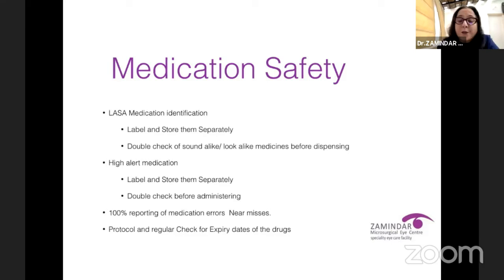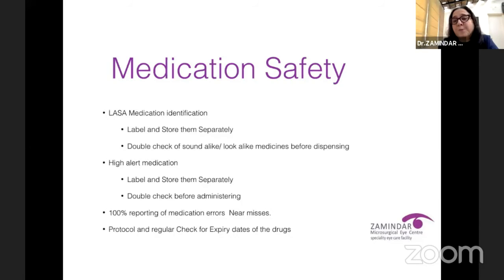When talking about registers, I would request a register for adverse event monitoring also in the operation theater. That becomes very important. Every adverse event in the operation theater, whether it is a part of your surgery or anesthesia or sterilization, should be reported, and a corrective and preventive action taken.